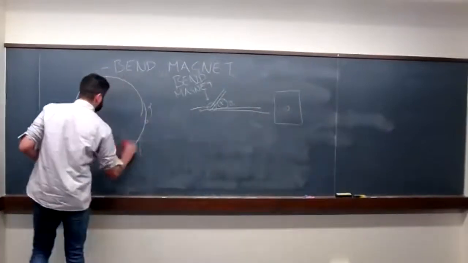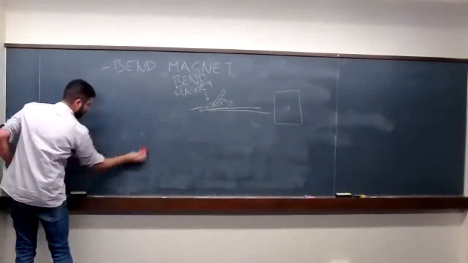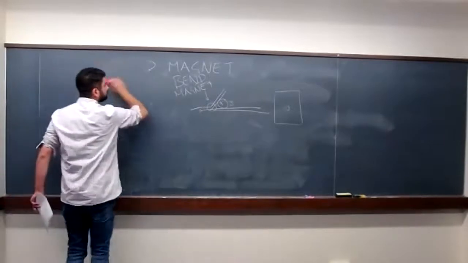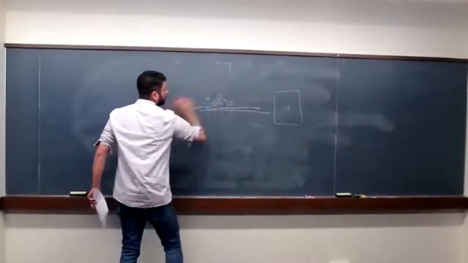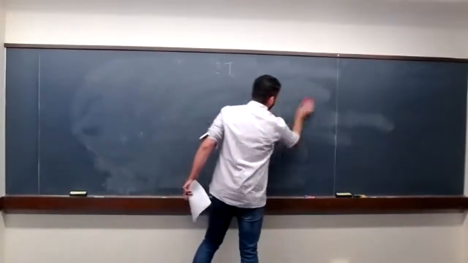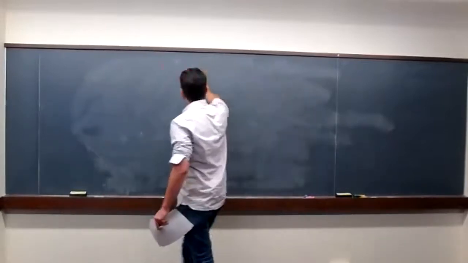The other way that we use the electrons going around the ring is with what we call an insertion device.